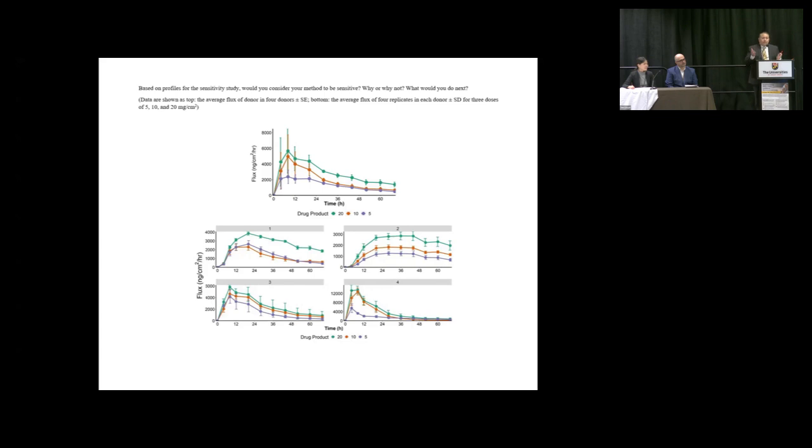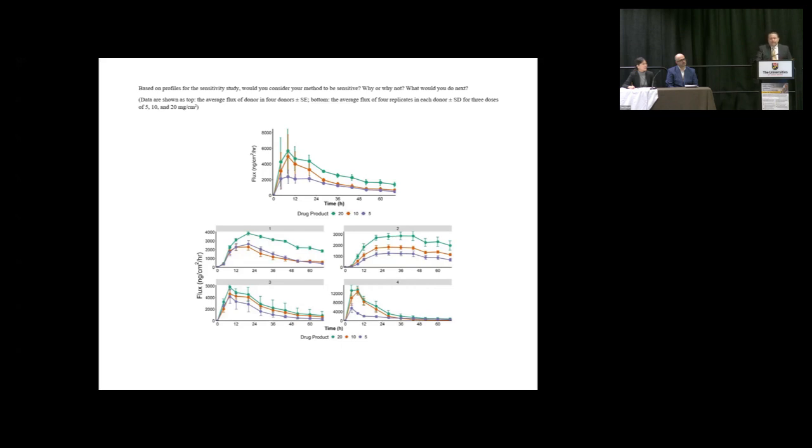We've seen this, for example, with metronidazole gel and cream, two very different products with very different bioavailability, and yet in the early time points right up to Jmax, they essentially overlap, and then the cream keeps going, and the gel comes down. I think that's a very reasonable demonstration of the ability of the method to be sensitive to those differences in bioavailability between the gel and the cream.